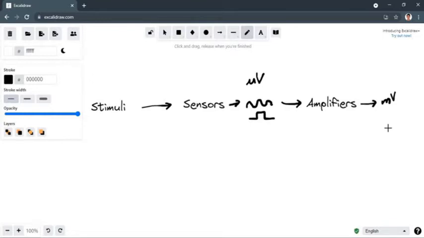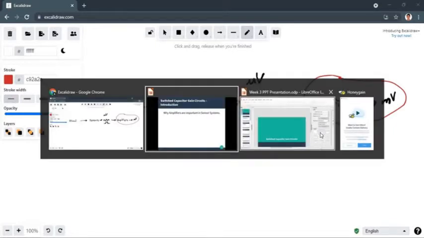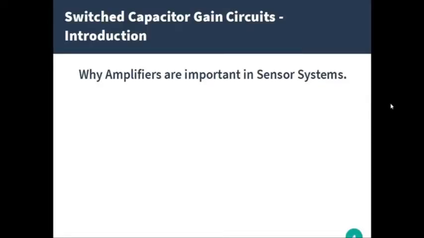Then it will go to the processing circuits. So this is the importance of amplifiers: to enlarge the signal so it can be used by the processing circuits. Okay, so that's the importance of amplifiers in sensor systems. Okay, so we'll proceed.